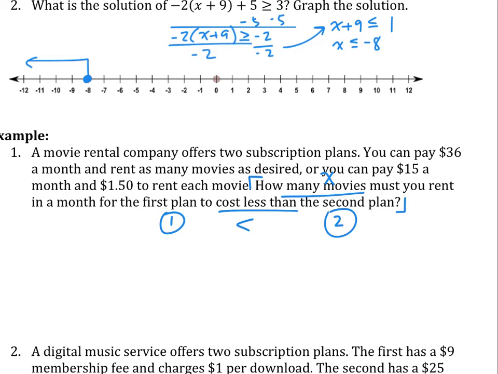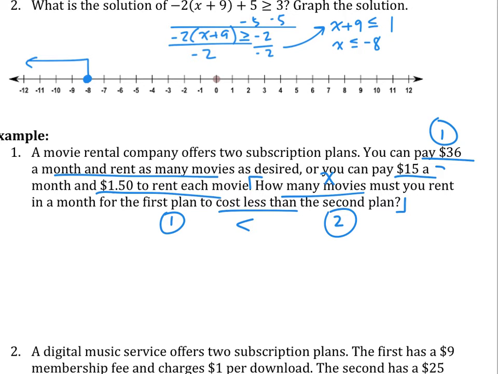What is the first subscription plan? The first subscription plan says you can pay $36 a month and rent as many movies as you want. So that is the first plan. The second plan is to pay $15 a month, and then you pay $1.50 every time you rent a movie.